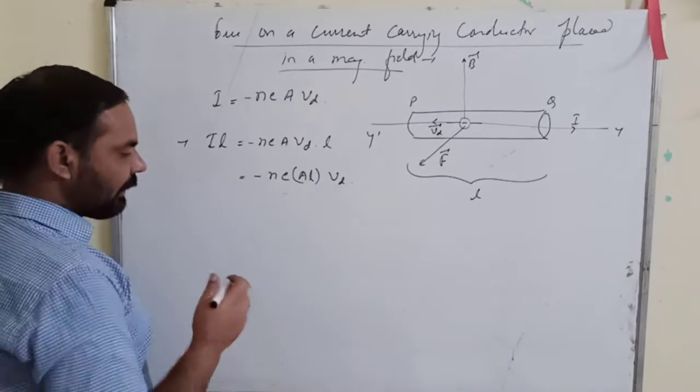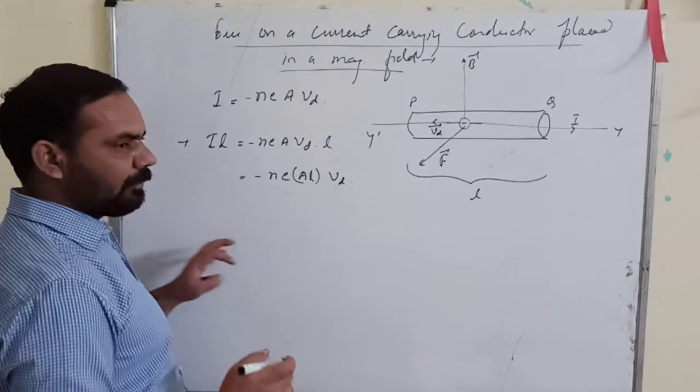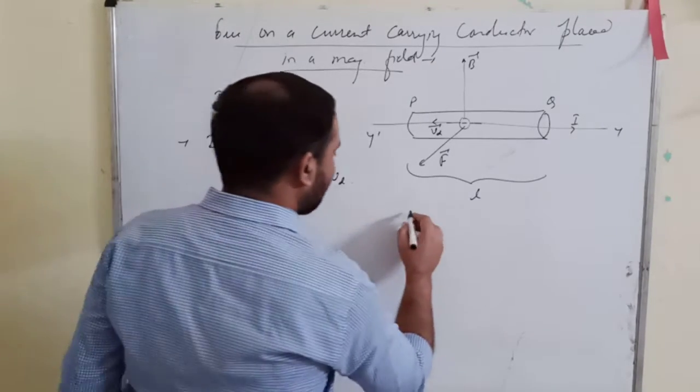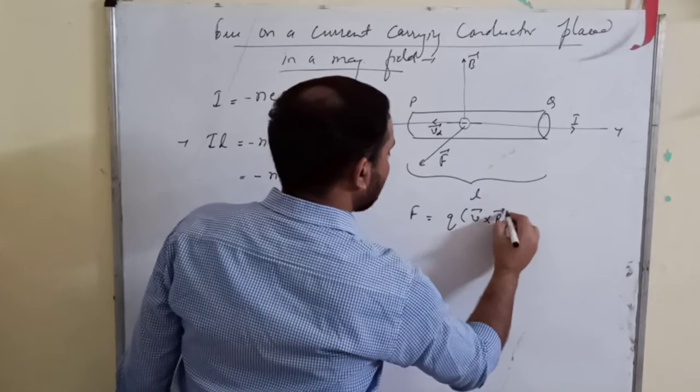Now we obtained that the magnetic Lorentz force is equal to Q times V vector cross B vector.